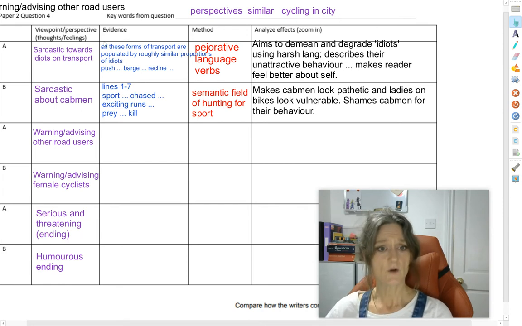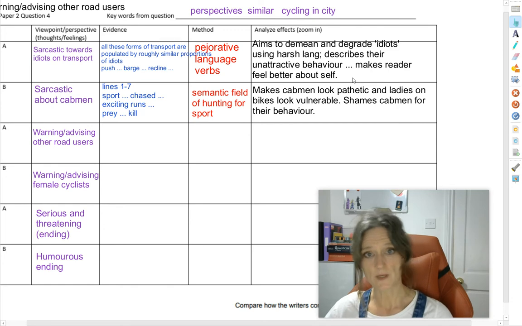Okay, and I've gone in first that the writer of Source A is sarcastic towards idiots on all kinds of transport. You might be thinking, how's that about cycling in the city? Well, he links it back to cycling in the city, doesn't he? Because he's saying idiots are idiots, whatever walk of life they're in.